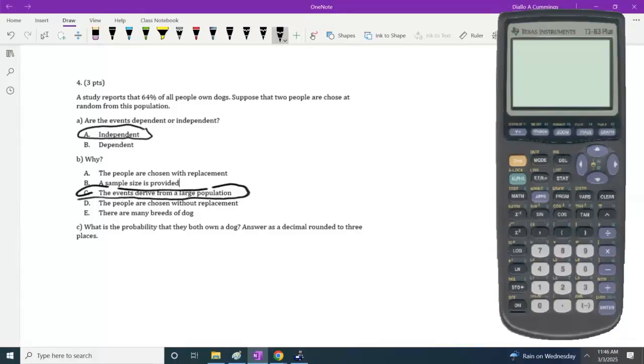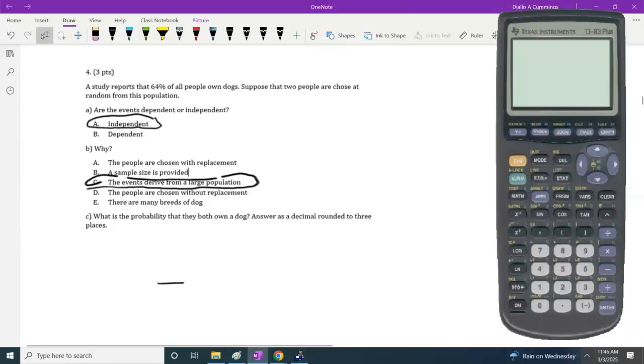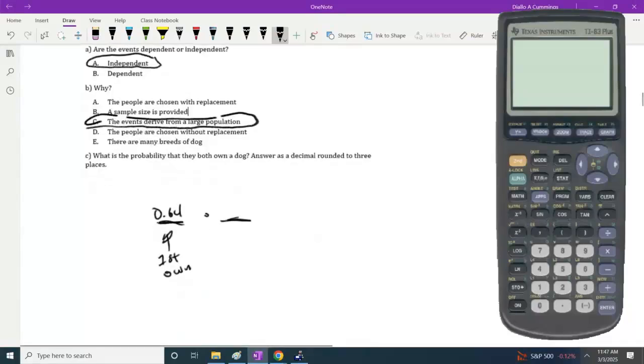Well, how many outcomes? In this one, we're going to have 2 outcomes because we're talking about 2 people owning a dog. The probability that the first person owns a dog is 64%. The probability that the second person owns a dog should also be what? 64%.